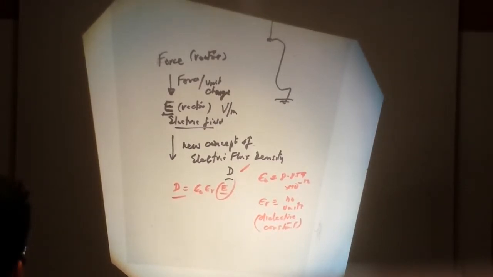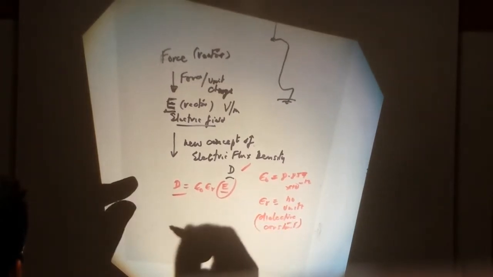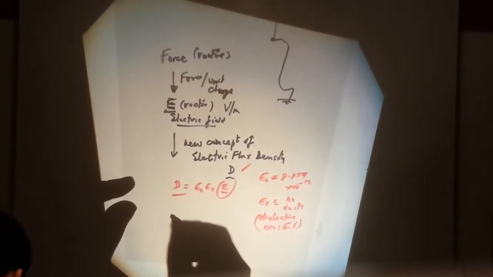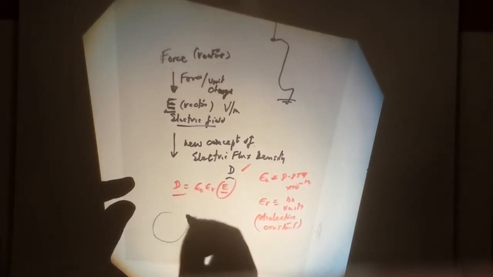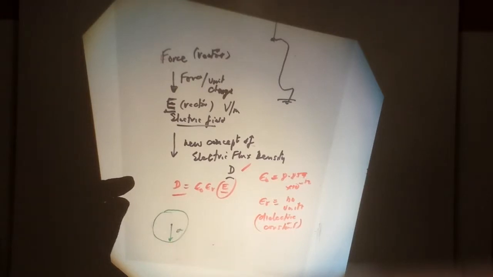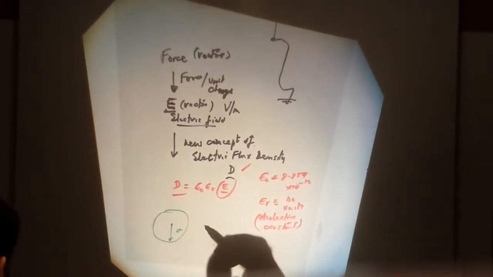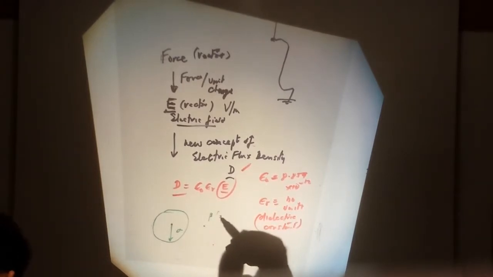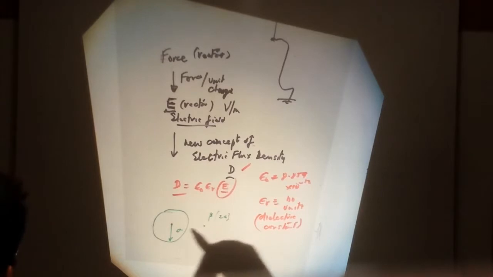Now, I give an example first before we carry further. If I have a big fat charge of radius A, very big, it's not a point. I want to find the field at point P here, at a distance of twice A, R prime.